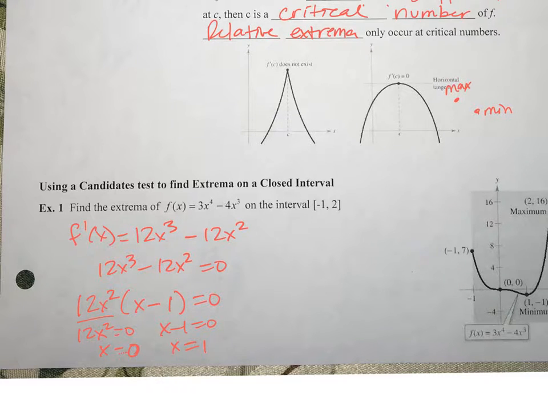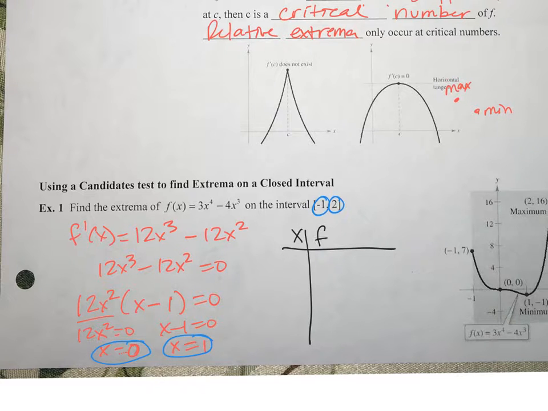Okay, so now we have found all of our candidates where a relative maximum or a relative minimum could occur. So our candidates are, we have endpoints at -1 and +2. We also have a derivative equal to 0 where there's a horizontal tangent at x equals 0 and x equals 1. So now we're going to make what's called a candidates test. To make a candidates test, just make a t-chart, make a column for x, and then make a column for f of x.